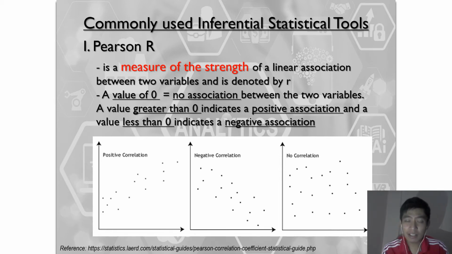Decrease in hospital acquired infection. Or in some other researches, the level of education affects what? The readiness of pregnancy. So the higher the level of knowledge, the higher the level of readiness. So that's Pearson R, or measure of strength.